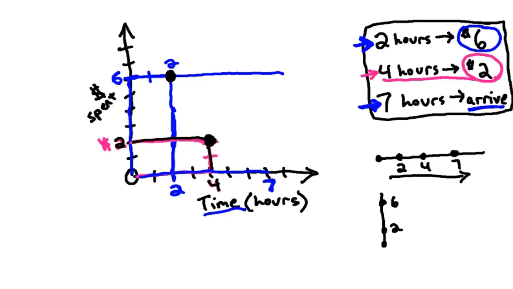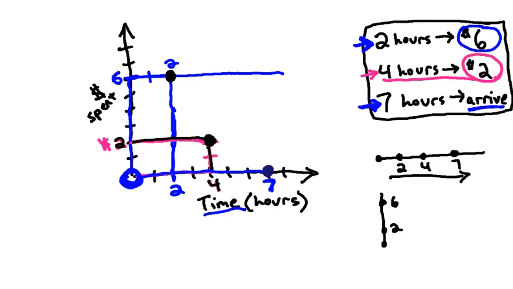We arrived at Grandma's house, but we didn't spend any money. So we're still at the zero. We're still in the zero part of the amount line. So that's where we're going to put our dot. We're going to put our dot down here on the bottom on the zero part of the amount line because we spent $0 at 7 hours.